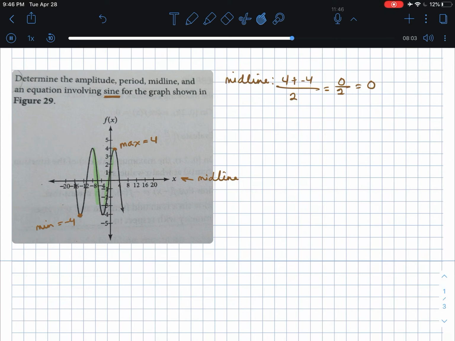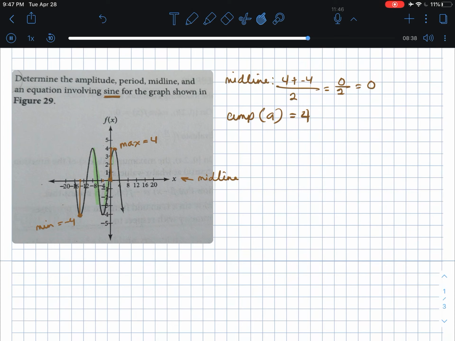And since our midline is the x-axis, our amplitude A, from the midline going up to the maximum, is just equal to 4. And again, from the x-axis going down, it is also 4.